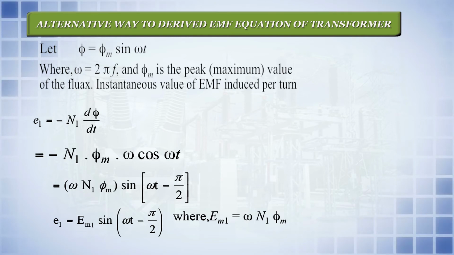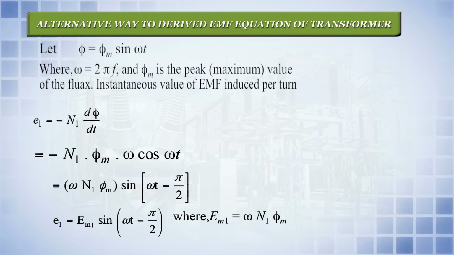Then when this minus sign goes inside, E1 can be written as N1 phi m omega sin (omega t minus pi by 2), where you can also write EM1 is equal to omega N1 phi m. What is EM1? EM1 is the maximum induced EMF at the primary side.